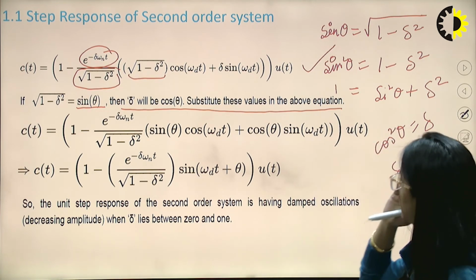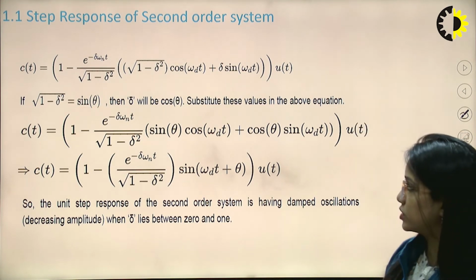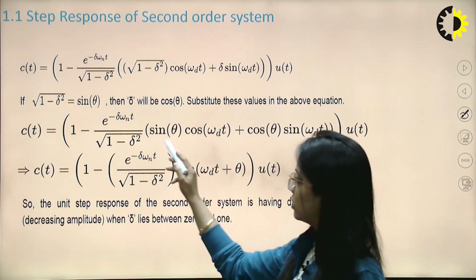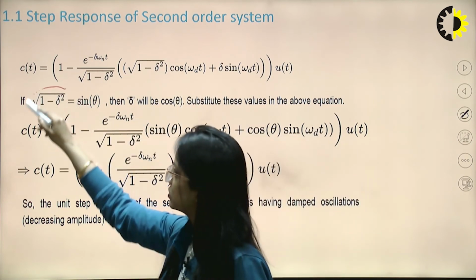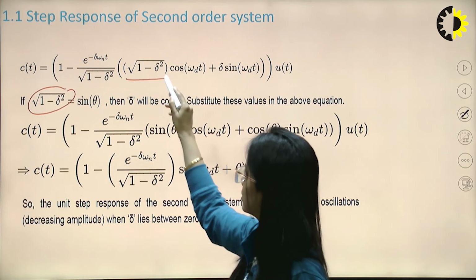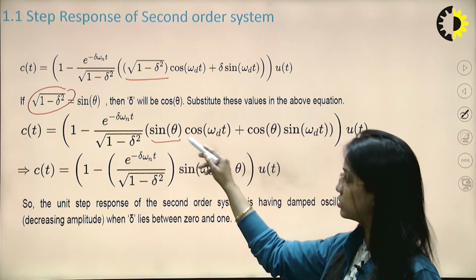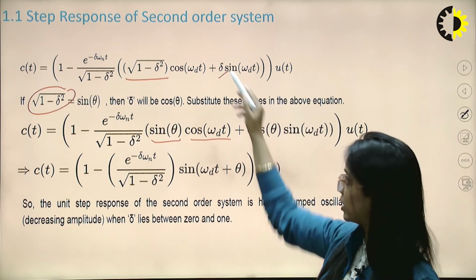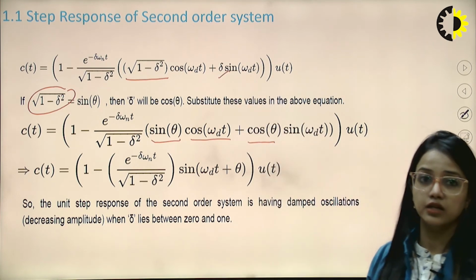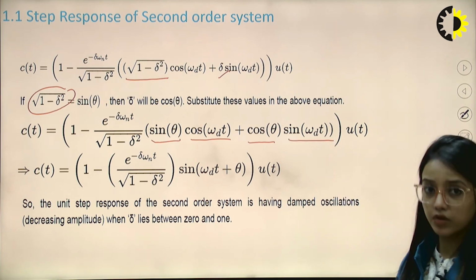So from here and onwards we have this term. This term can be written as sine theta. Cos omega dt was already there, and then zeta is there. Zeta can be rewritten as cos theta, and then sine omega dt was already there.